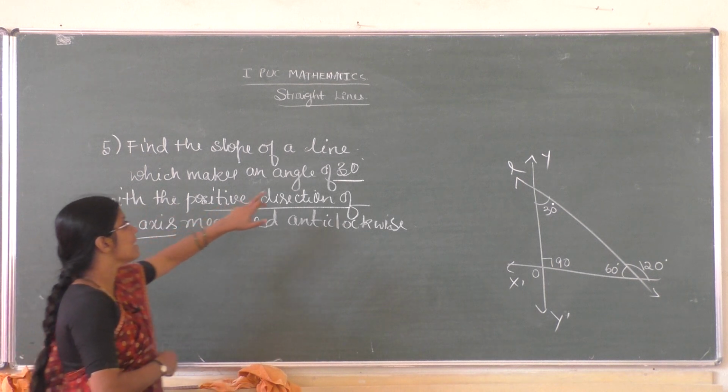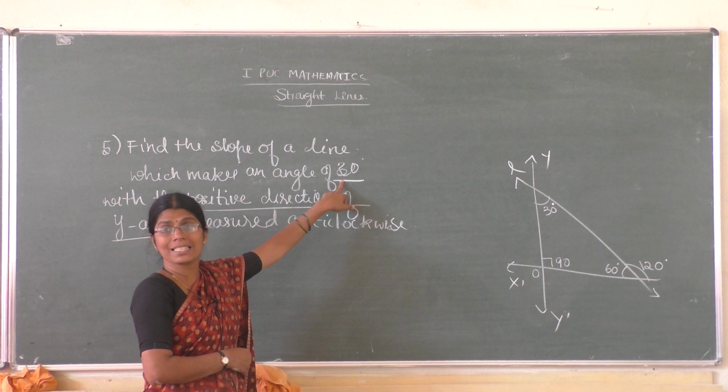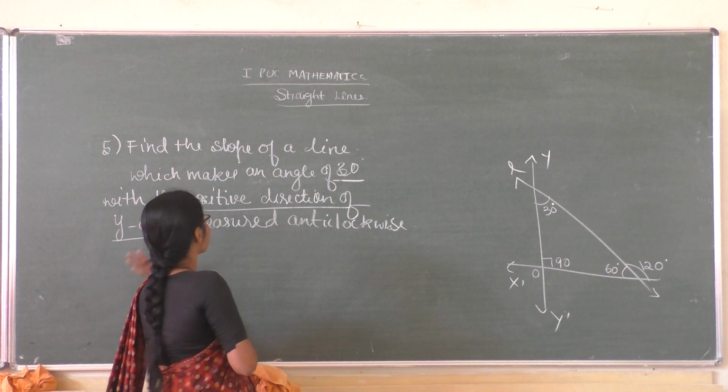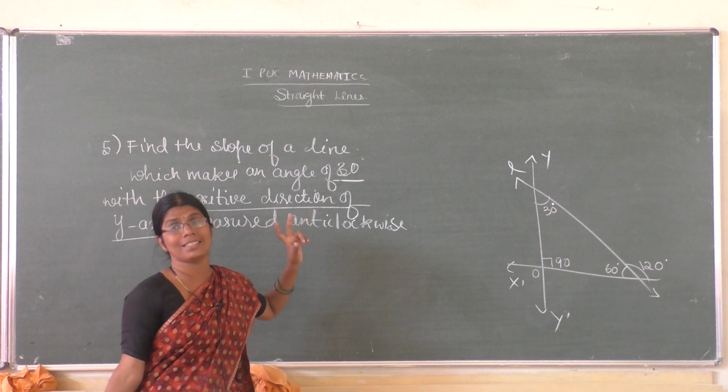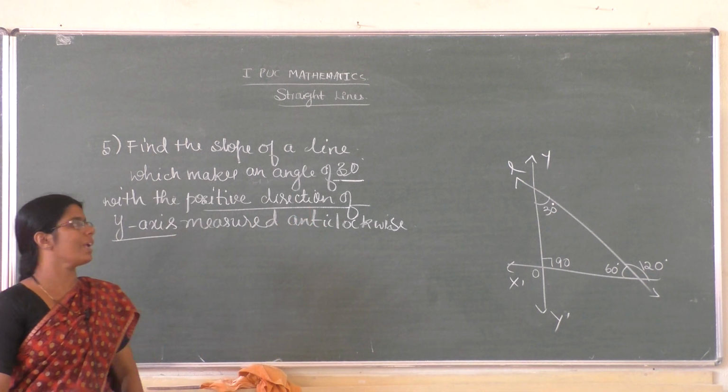And one more concept we can take, because y-axis is perpendicular to x-axis: if the line makes an angle of 30 with the y-axis, then it makes an angle of 90 plus 30, 120, with the x-axis.